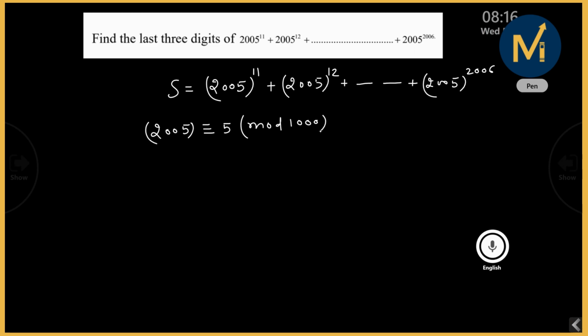So can I say that my sum S is congruent to 5 raised to 11 plus 5 raised to 12 plus 5 raised to 2006 modulo 1000, right?